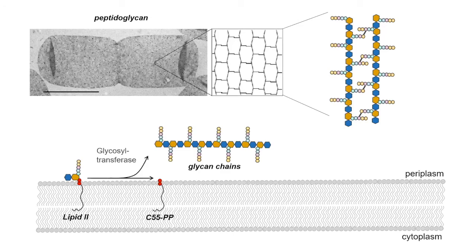First, glycosyltransferase reactions produce glycan strands that are then interlinked in transpeptidase reactions. These two steps are inhibited by antibiotics that mimic lipid 2 parts, like moenomycin that mimics the sugar and lipid part, and beta-lactams that inhibit the transpeptidase by mimicking the D-Ala-D-Ala at the end of the peptides.